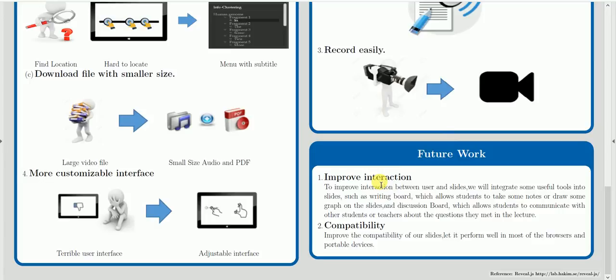So in our slides, maybe we will add a comment box for each slide, so that the student can ask a question for each slide, and other students or the teacher will answer the question and help him solve it.